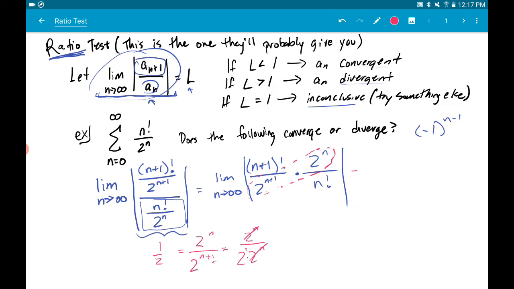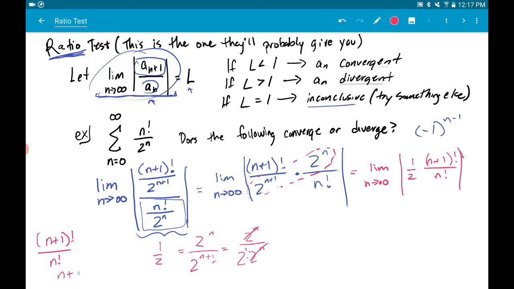And so this is really going to end up being the limit as n approaches infinity of 1/2. And then what we have left over is n plus 1 factorial on the top and n factorial on the bottom. So then in my little sidebar over here, I would ask students, okay, what has more terms, the top or the bottom?